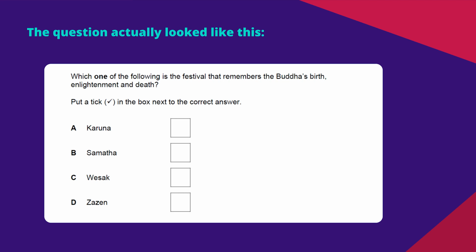And then the options were Karuna, Samatha, Vesak and Zazen. So they were all terminology from the Buddhism paper, and they were written in alphabetical order. They were all about the same length, and none of the words from the question appeared as options, as they did in my previous example.